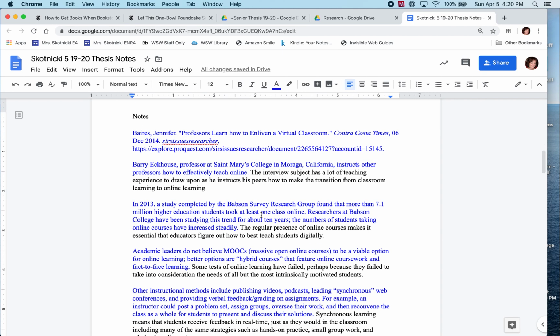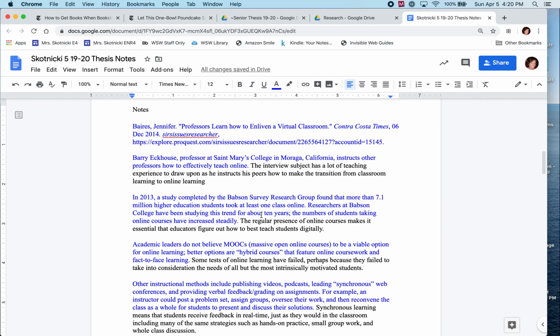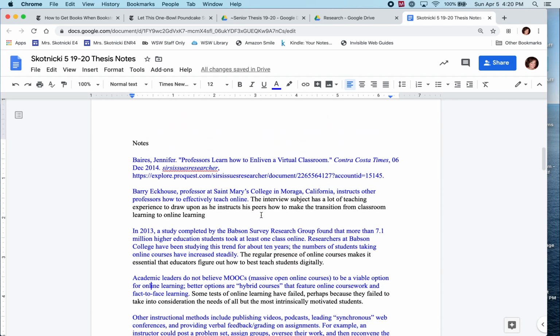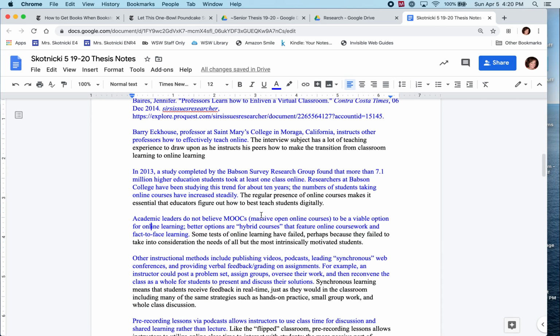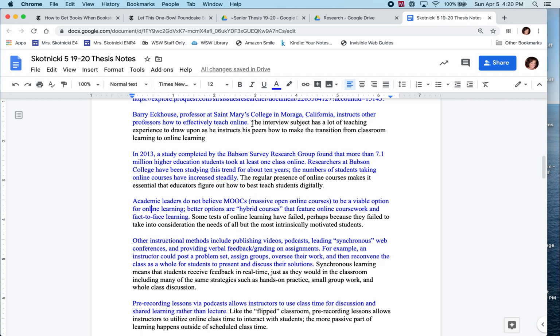You remember at this point I have two sources. I have notes on two sources. And so adding analysis is just a matter of going into your notes and interpreting the information that's there for the reader. And the reason this is so important is because this is your paper.